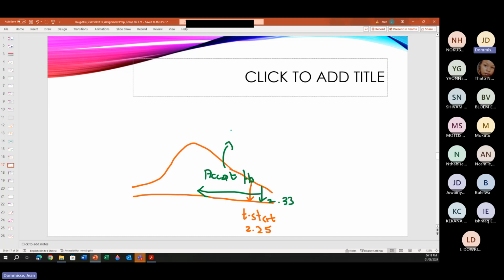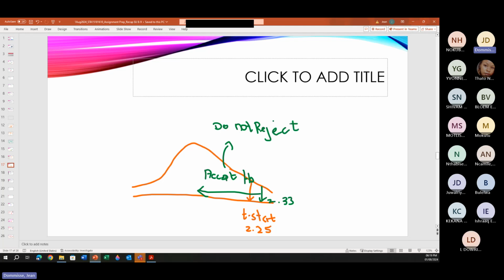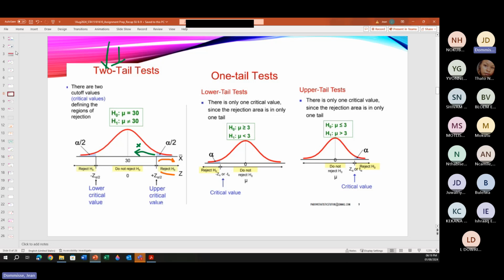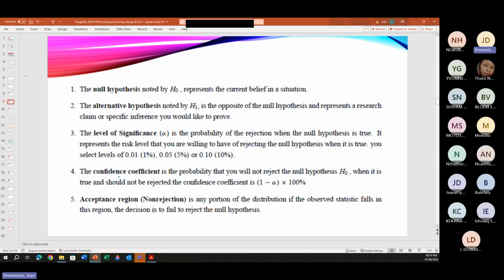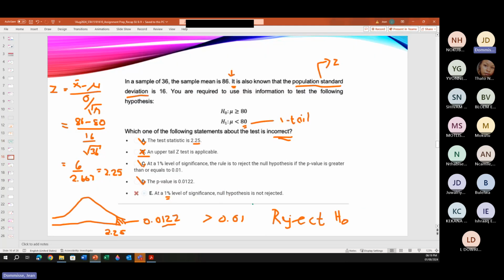The other words that they use is do not reject. And I've got a question on that as well in this pack that we're going to look at. So accept the null hypothesis. It lies within, so we do not reject the null hypothesis. The other way to not reject is that we accept the null hypothesis. Okay, so the null hypothesis is not rejected.